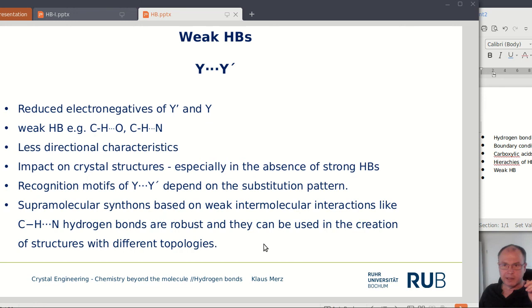On the other side, I will show you, if you have no strong hydrogen bond, a weak hydrogen bond can have an importance, and sometimes the pattern, the topology, is nearly the same as with strong hydrogen bonds.